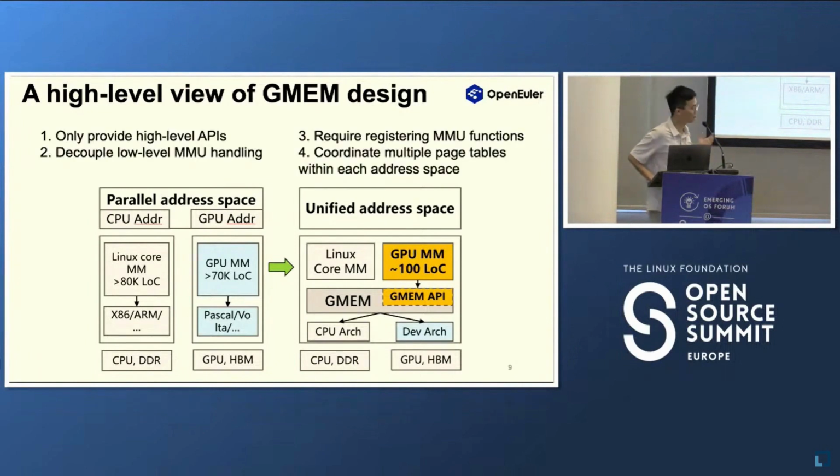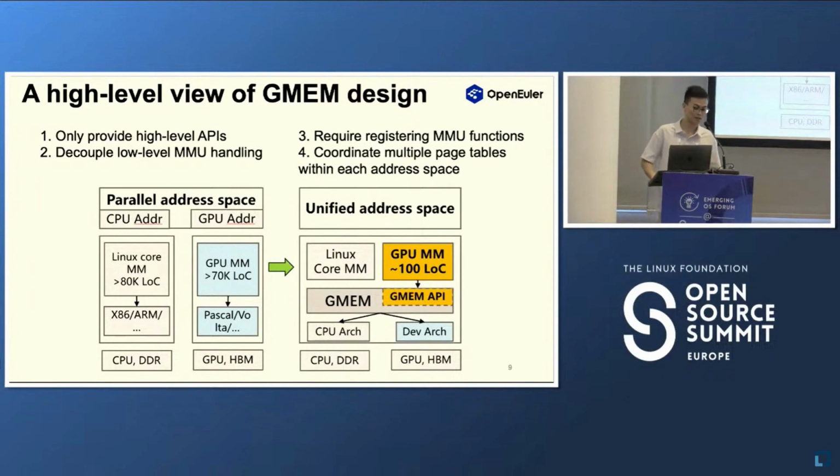So here we have the 4 different design principles. The first design principle is that we only provide high-level APIs, the GMEM API, so that device drivers don't need to reinvent all these hardware-independent mechanisms.